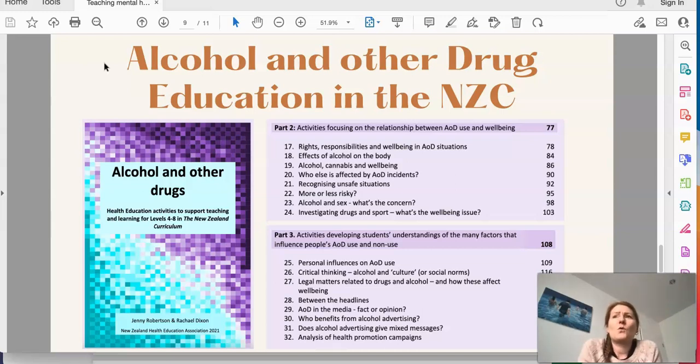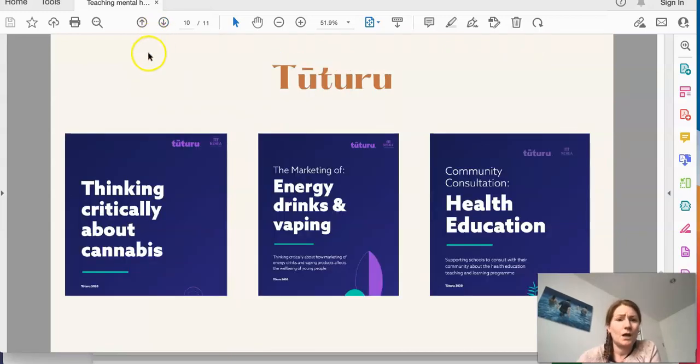It was written for years 9 to 13, but there may be some things in there if it's a learning need for your students in those intermediate or senior primary levels of schooling. Again, probably more secondary for the two teaching resources there, but the energy drinks and vaping in particular may be relevant for your Year 7, Year 8 students.